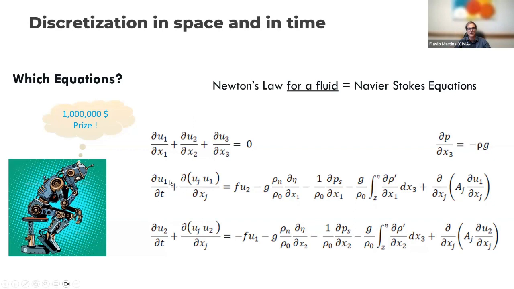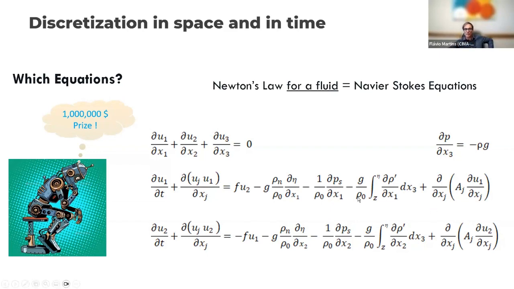So basically, these equations say acceleration equals forces per unit mass. These are all forces per unit mass. And these are the Navier-Stokes equations. It's basically F equals ma, but for a fluid.